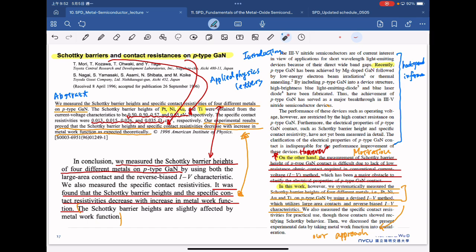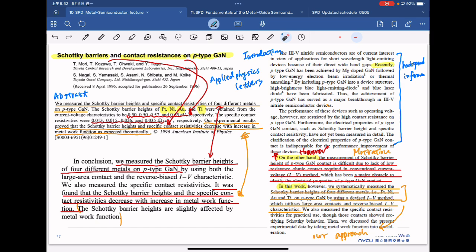We just looked at some keywords to understand the abstract, the conclusion, and some part of the introduction. I guess you already understand the goal of this work. It is very simple: measure 4 different metals on top of P-type gallium nitride and extrapolate the Schottky barrier height and contact resistance.